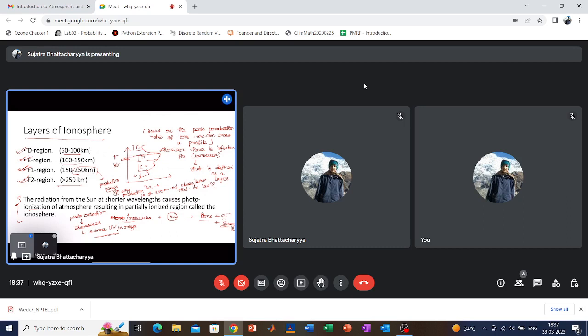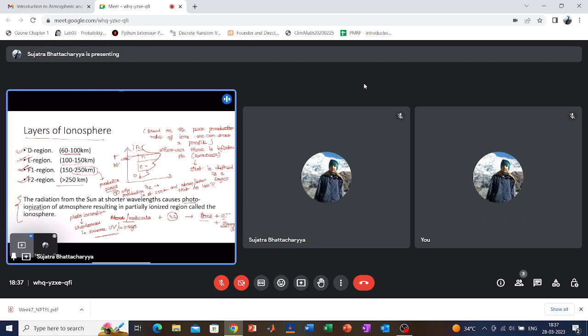Wherever there is a turnover of the curve, that is a particular layer. As we have already discussed, it extends from 60 kilometers to 400 kilometers or so, which means it starts from the mesosphere and goes to the exosphere. That's all. This is the core and basic concept of layers of the ionosphere.